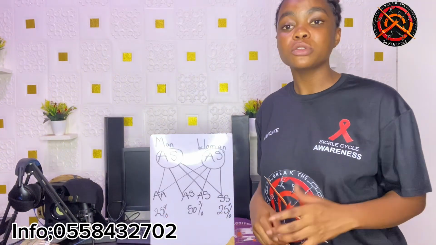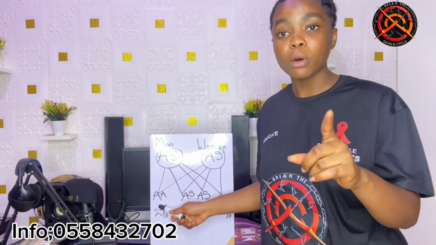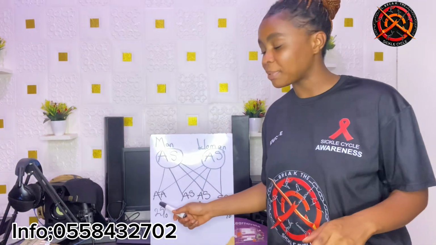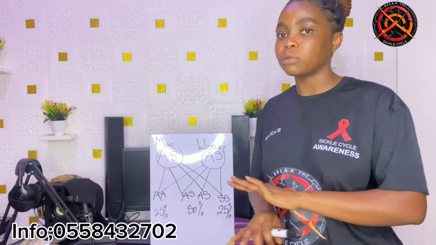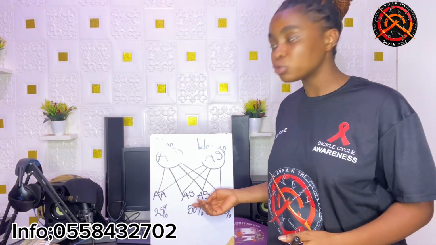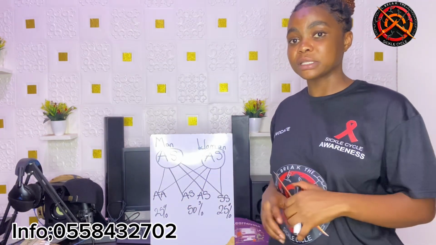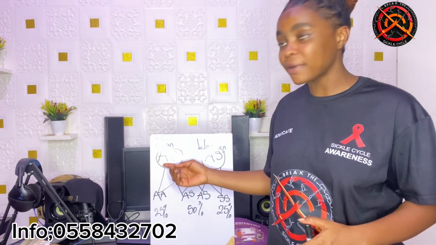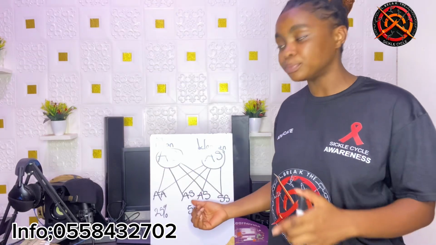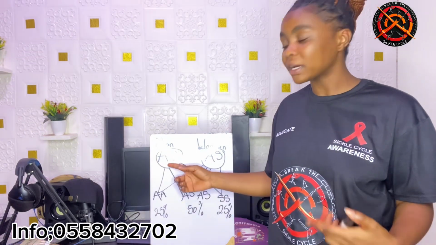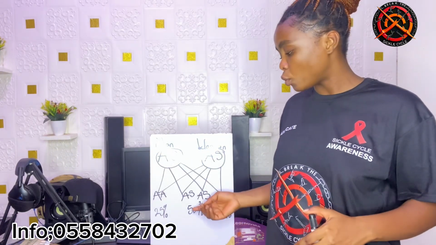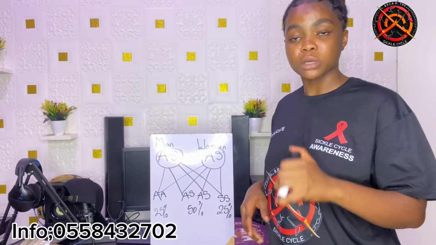So when they are about to give birth, the father can bring the normal hemoglobin and the mother can bring a normal hemoglobin, which means this particular offspring is going to be healthy and will have no trait of the sickle cell disease. But these two children have the tendency of having the sickle cell trait, because the father can bring the normal hemoglobin and the mother can bring an abnormal hemoglobin. And then again, the father can also bring an abnormal hemoglobin and the mother will bring a normal hemoglobin, which means these children are going to have the sickle cell trait in their blood.